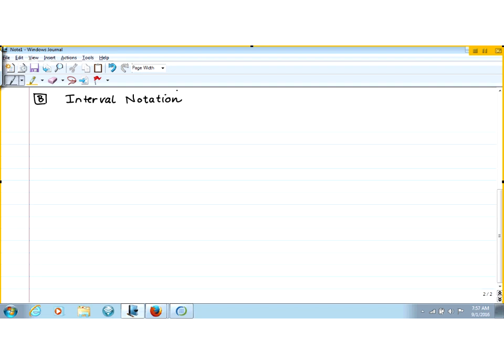So B, we will talk about interval notation. All right. So let's see. I'm going to write a few intervals, and then I'd like to graph it, and then write the interval notation. And I also want to write down the set builder notation.